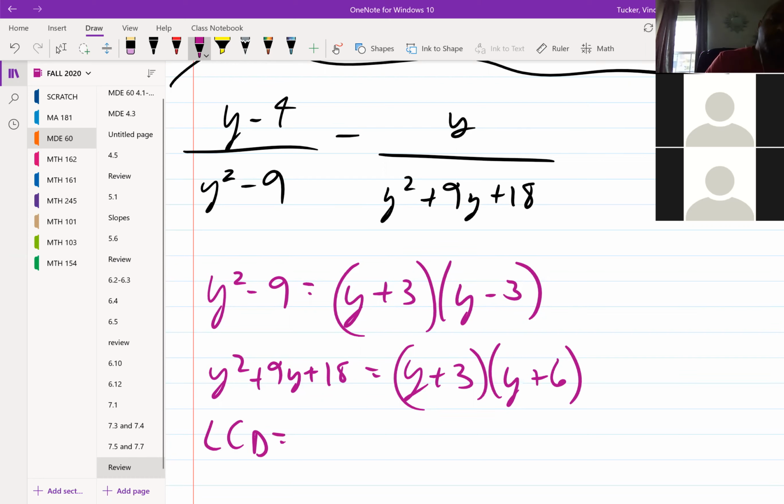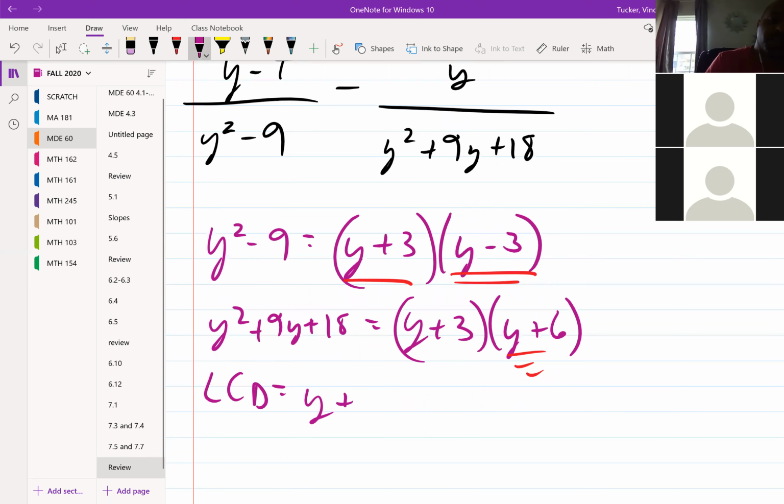So now my LCD is going to be each different quantity with each different set of parentheses. So it's y plus 3, y minus 3, y plus 6. Can you say that one more time? Each different set of parentheses.